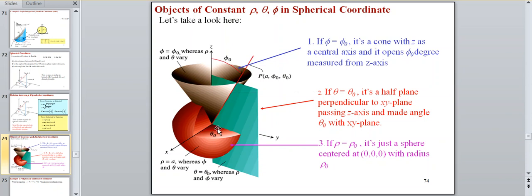The equation is independent from phi, so phi can take any value from 0 to pi, and theta can take any value from 0 to 2 pi. So what do you see? A sphere. So rho equals rho 0. The surface of this equation is a sphere centered at the origin of radius rho 0.